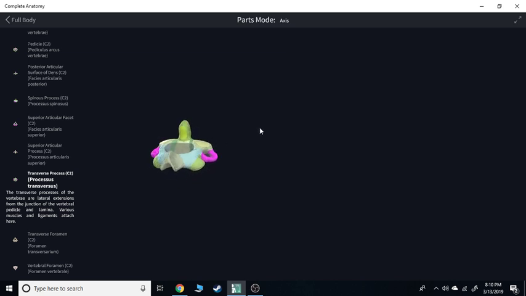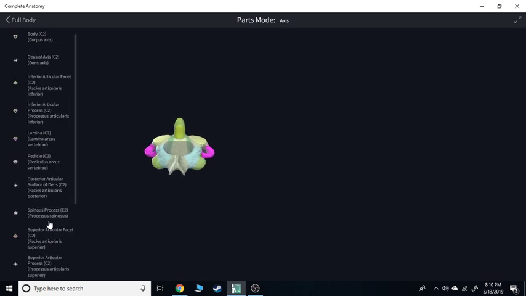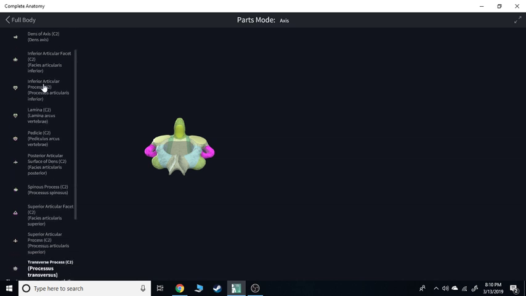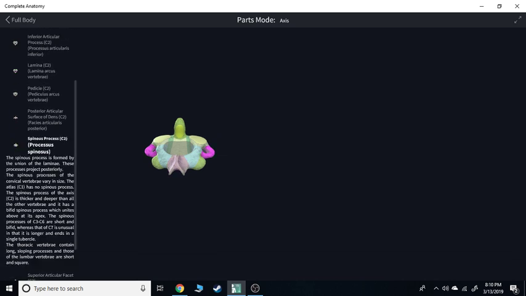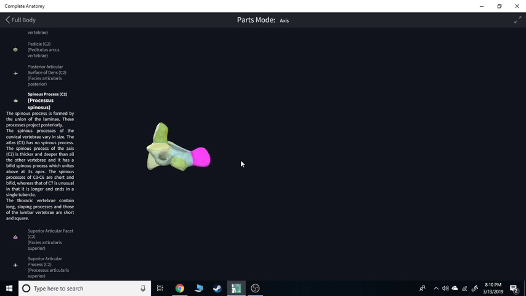Next we'll look at the transverse foramen, which is the hole that the transverse process creates. Then the spinous process. There we go. So the spinous process is just this little notch that sticks out here.